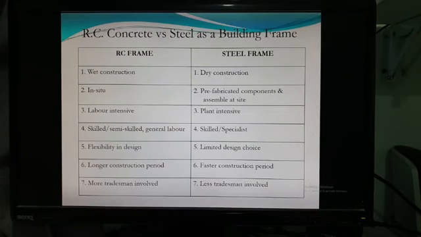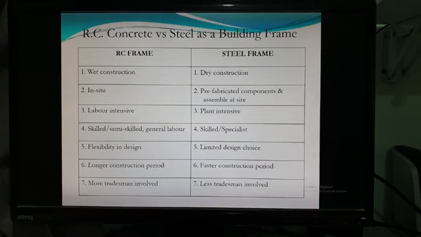We need more concreter, we need more bar bender, we need the people who work for installing the formwork, the supports. There's a lot of tradesmen involved in building just one component of RC frame.